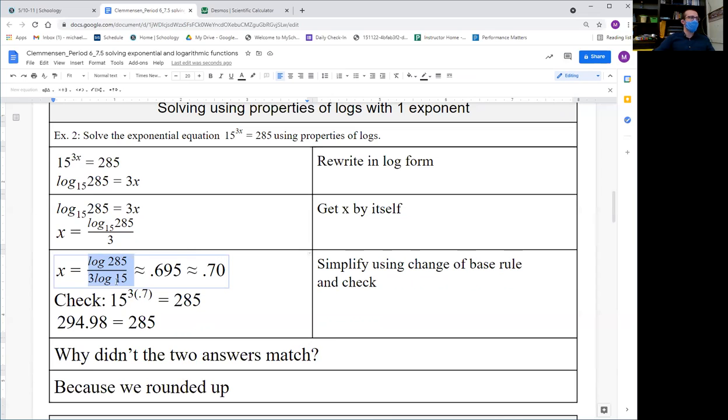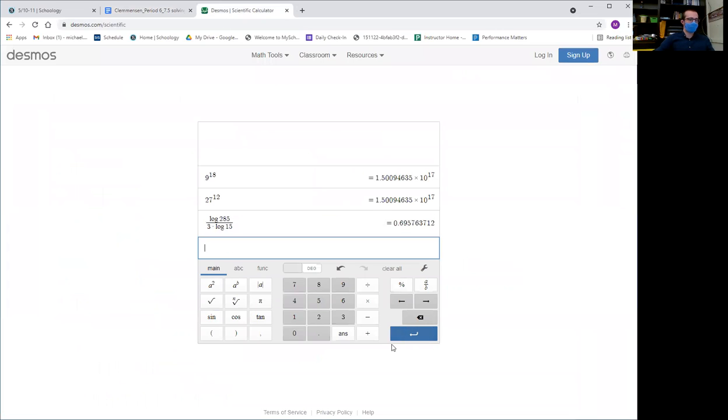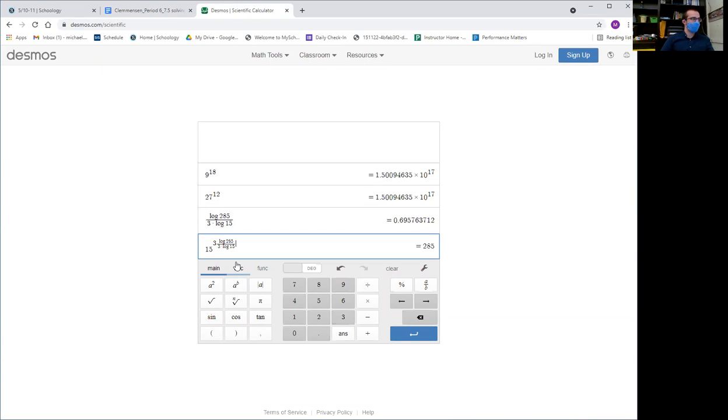So if I'm plugging this in, I take my original function, 15 to the power of 3 times x, and then I'm going to replace my x with what we had before. Control copy, backspace, control paste. Since that matches what we had in the beginning, that 285, this is the correct answer.